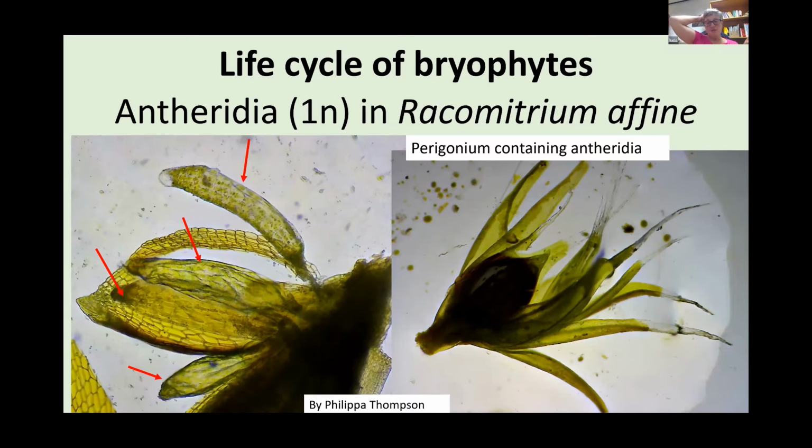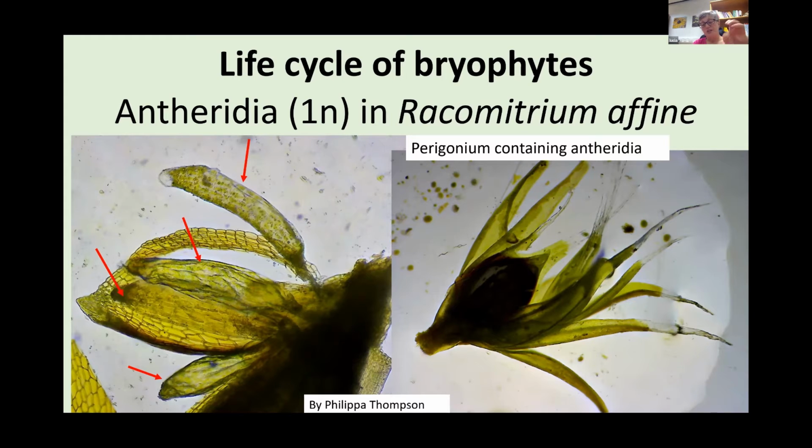I've been lucky to find these pictures of antheridia, again, quite nice, quite good magnification. On the left-hand side, you can see this structure that looks a bit like a sausage, and that's the antheridium. But the right-hand side is basically before the perigonium, which is all these modified leaves that hold the antheridia, was split, I think it was pierced, to be able to find the antheridia.